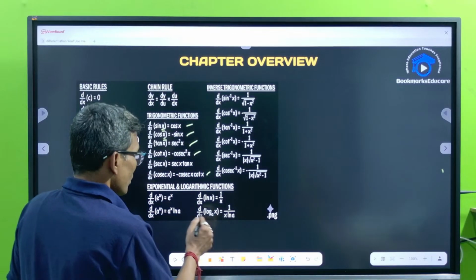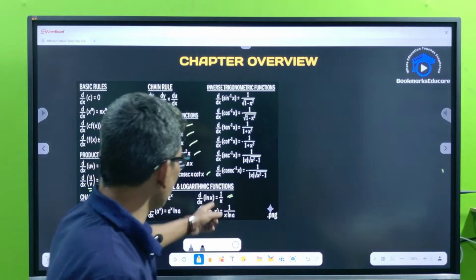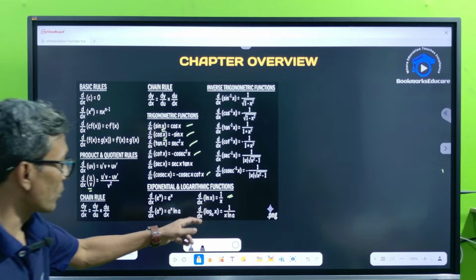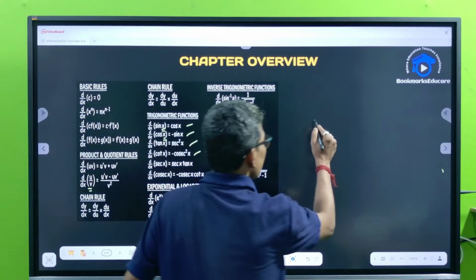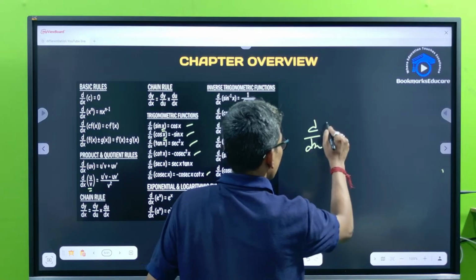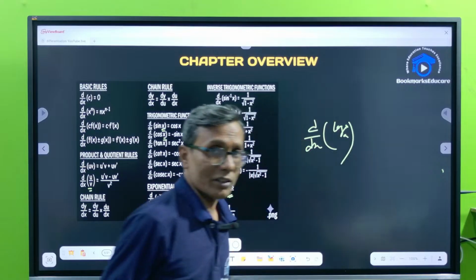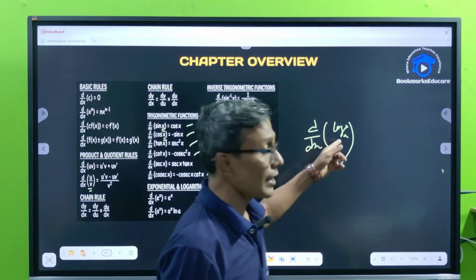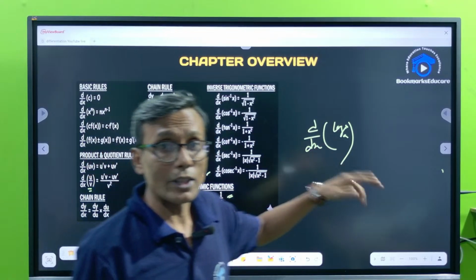So d/dx of log x to the base e is equal to 1 by x. d/dx of log x to the base a means, first of all, we have to convert this, which is considered a common logarithm, into the Napierian logarithm.